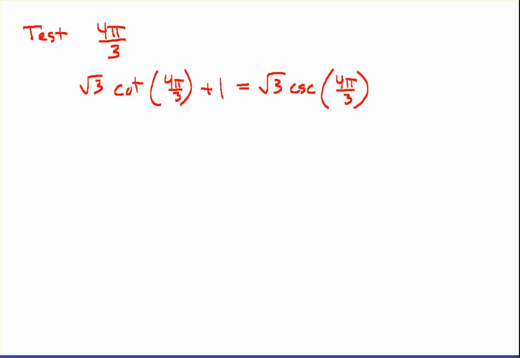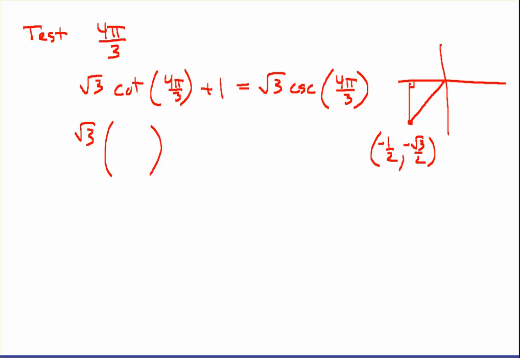Testing 4 pi over 3 into cotangent of 4 pi over 3 plus 1 is the square root of 3 times cosecant of 4 pi over 3. Again, these are the x and y coordinates. So cotangent turns out to be a positive 1 over root 3. We had that before. Plus 1. And cosecant of 4 pi over 3 turns out to be a negative 2 over root 3. It's the reciprocal of the y coordinate.